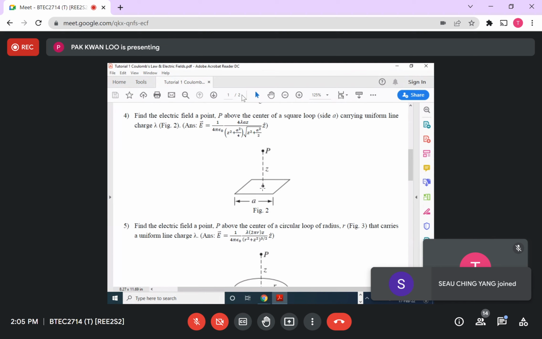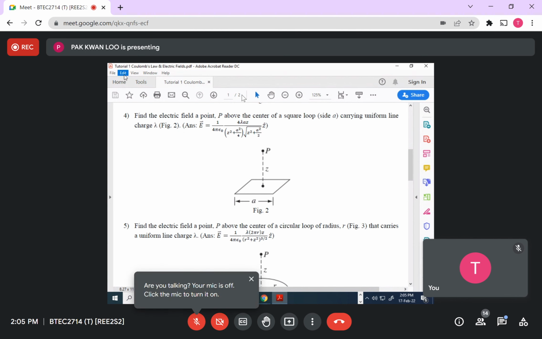Each of the sides is a, sorry, it's a square loop. So each of the edge lengths of the square loop is a.